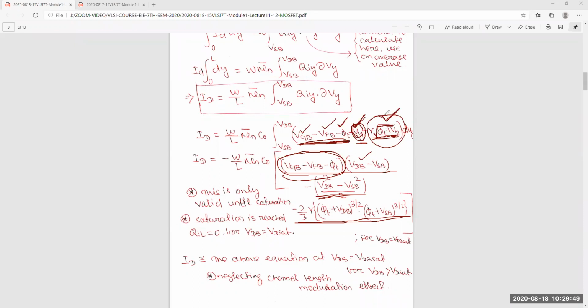In this equation, this is constant, this is linear, this is square root. If you integrate those, you will get this type of term: this is square, this is 2 by 3 gamma, and some 3 by 2 power of phi_t plus V_SB. So these three terms you will get if you integrate. Yes or no?